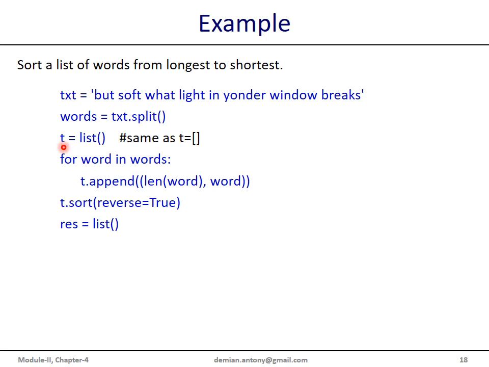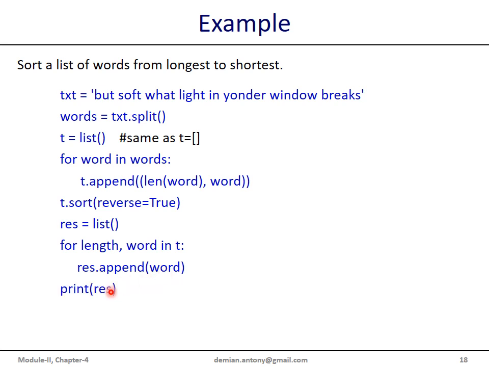We have to extract the entire tuple and then we have to pick the word in order to create the final result list. Initially we have an empty result list. For each of the tuples, length and word, in the list of tuples, pick only the word and put that word into the result list, res dot append.